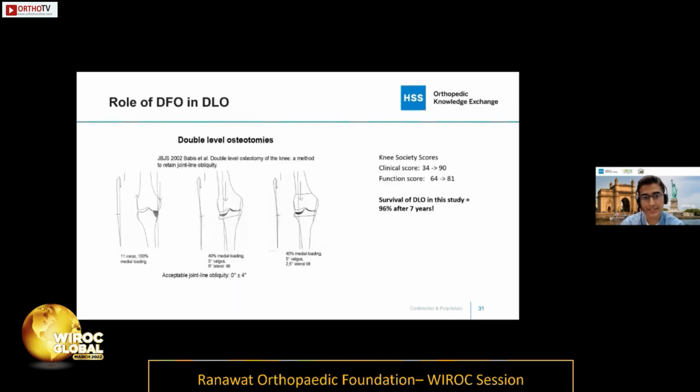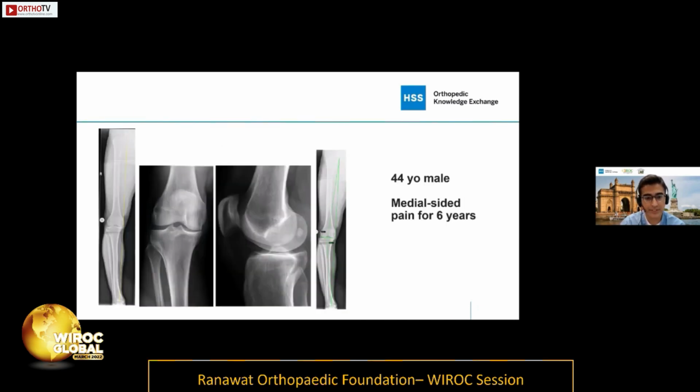Just very briefly, double level osteotomies, really to show here in a paper in 2002 by Babis et al. that the acceptable joint line obliquity that a knee tolerates is somewhere between 0 to 4 degrees. So I talked about trying to do everything through the tibia, for example, in a varus knee. If you look at this patient, medial sided knee pain for 6 years, the mechanical axis is going way outside the joint.